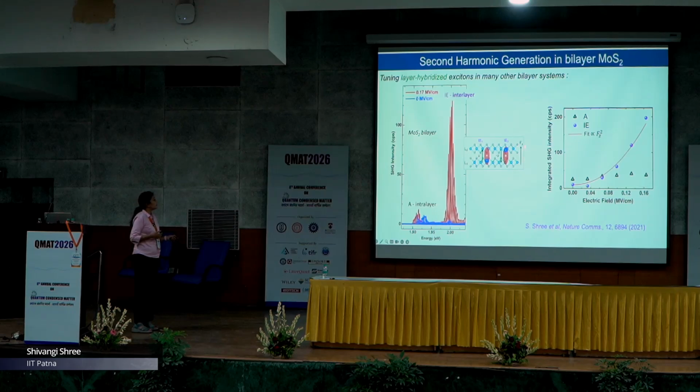Here is the SHG signal plotted as a function of electric field. The black triangles represent the intralayer exciton, and then we have a quadratic dependence for the interlayer exciton. So this increases very significantly compared to the intralayer exciton, because the intralayer exciton does not have this kind of lifting in degeneracy.